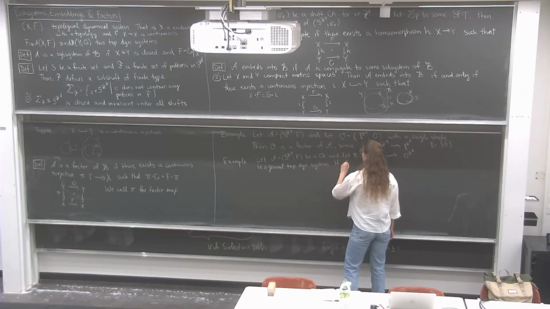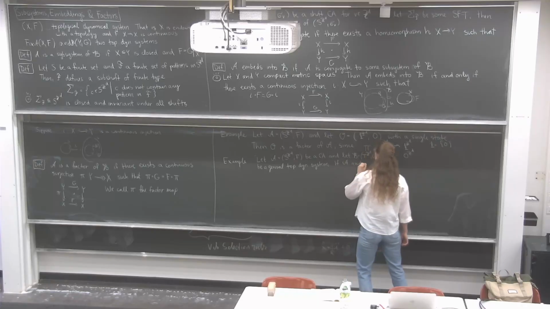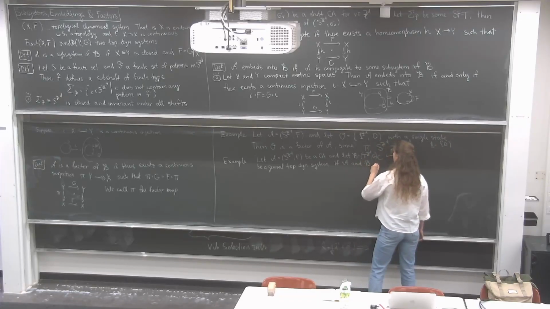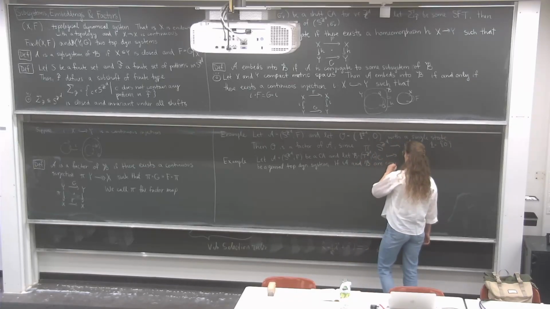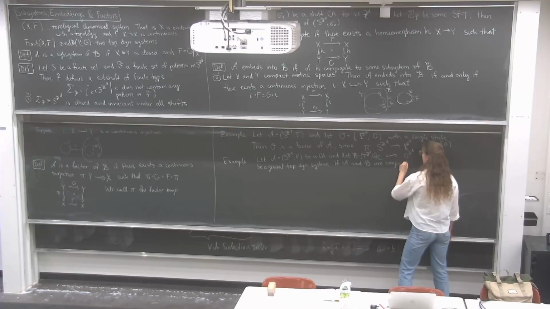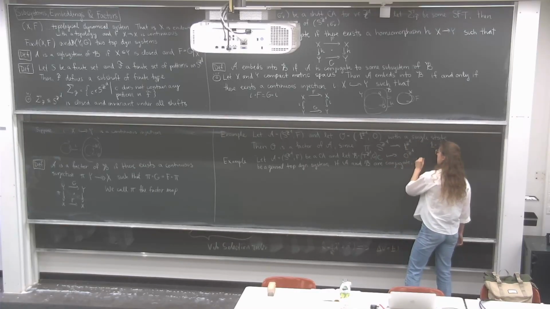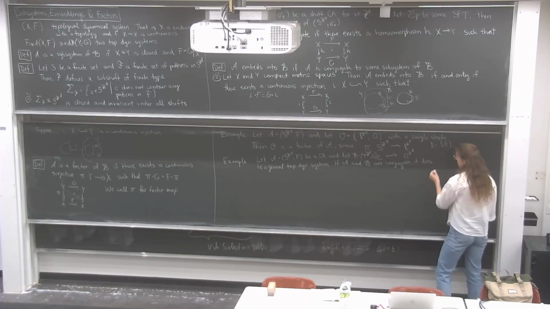If A and B are conjugate, it does not necessarily imply that B is a cellular automaton.